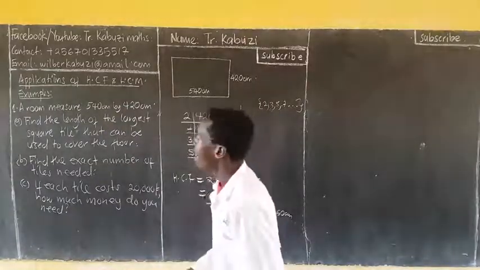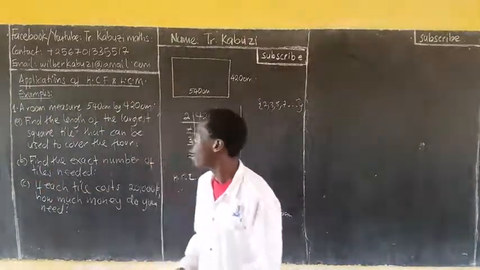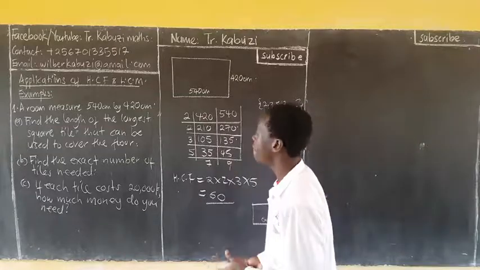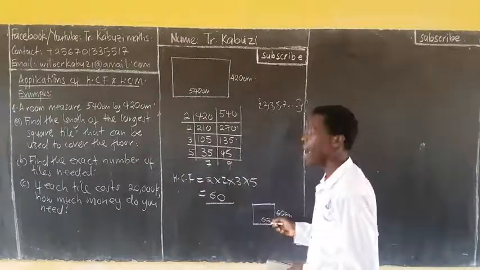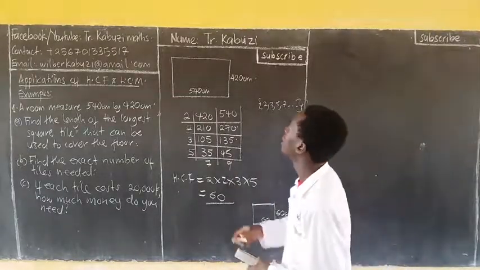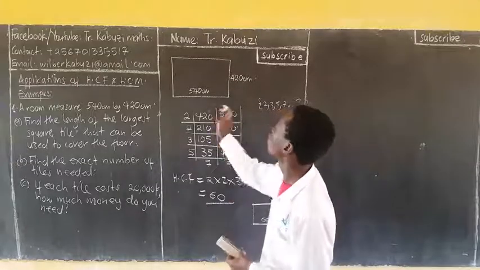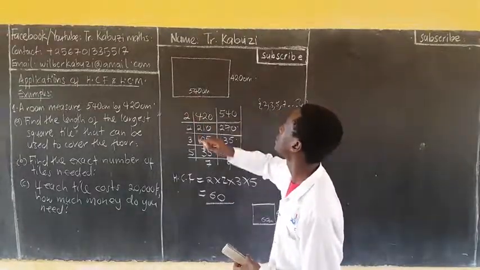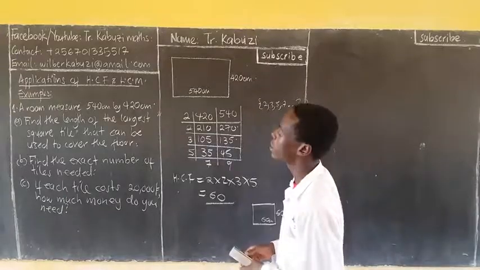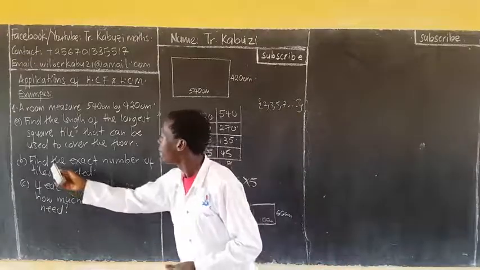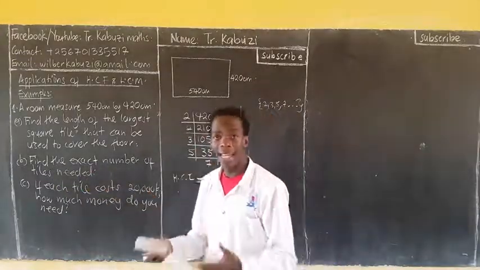Now, assuming you're a student and your mom asks you, if I'm going to use a 60 by 60 square tile to cover the floor of the room of 540 centimeters by 420 centimeters, find the exact number of tiles I need.